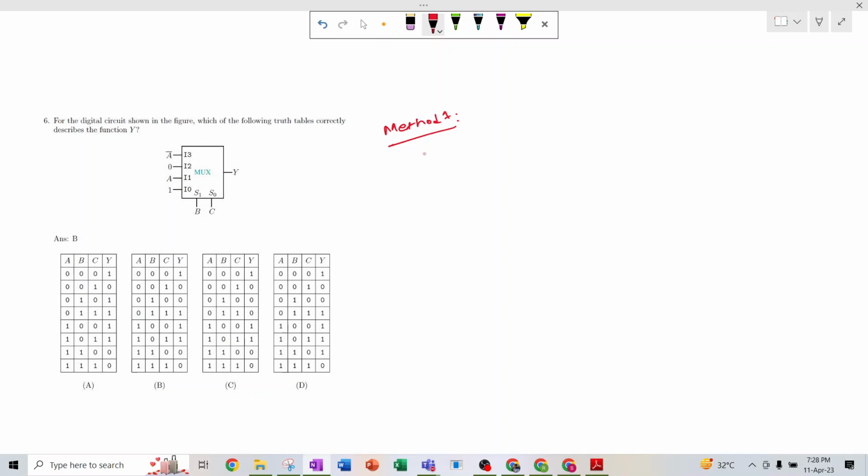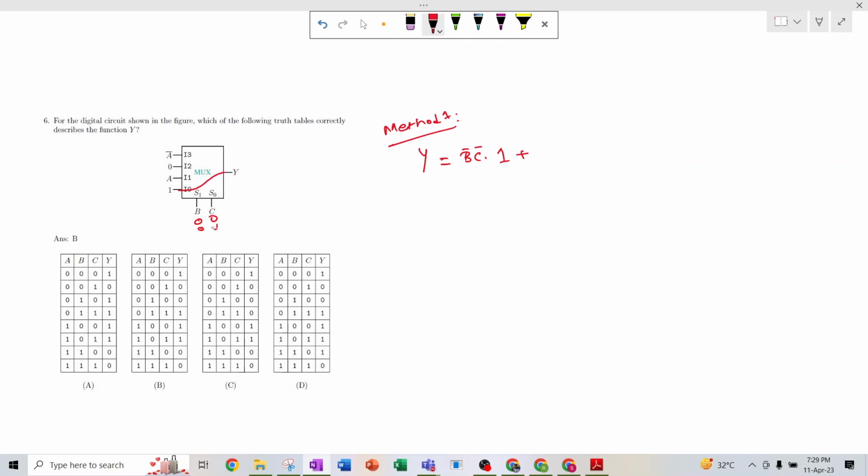So here I0 will be chosen, so y equals, now I0 will be chosen whenever there is 0 0 in the input, that means b bar c bar, then the input will go to output, right? So into 1 is the input. Whenever this is 0 0, then this line will connect with this. Understood, right? Plus whenever this is 0 1, S1 means b is the first and this is a 0, right?